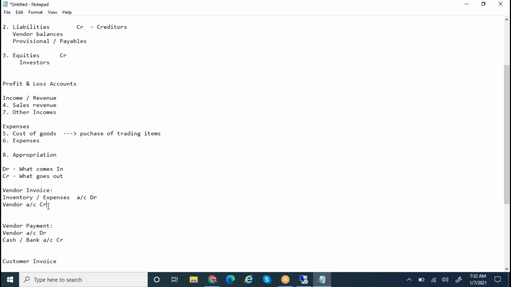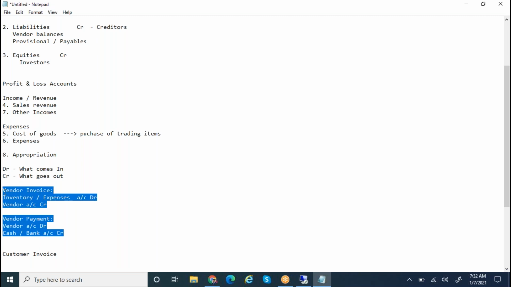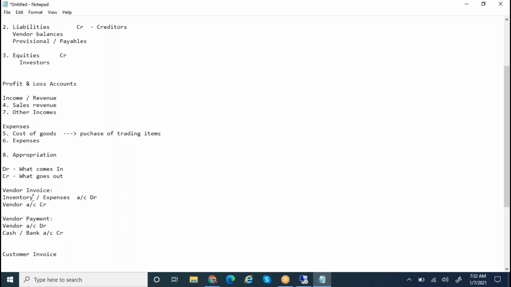In this, you are receiving material, so I need to pay money to the vendor. Vendor account credit. Here you can remember like this: for a vendor, I have received material, my inventory is increasing, or I need to pay money to the vendor.